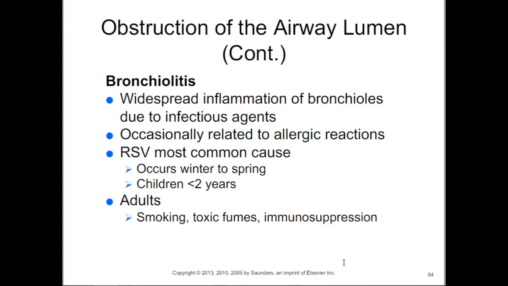All right, another one, obstruction of the airway lumen is bronchiolitis, right? Where there is a widespread inflammation of the bronchioles due to infectious agents, right? So usually related to allergic reactions, particularly RSV, right?